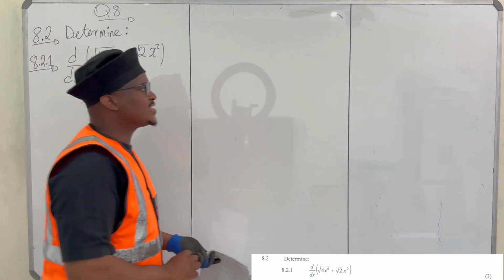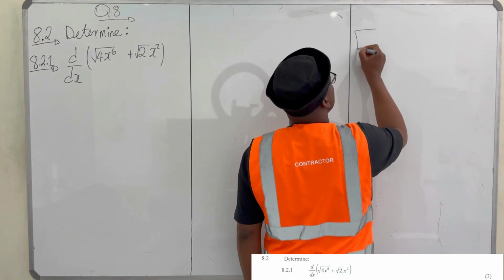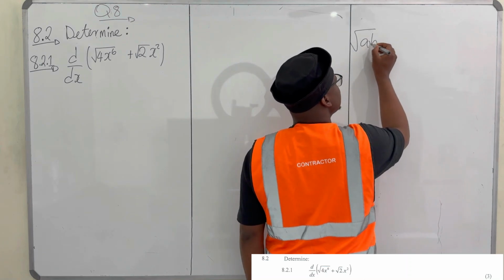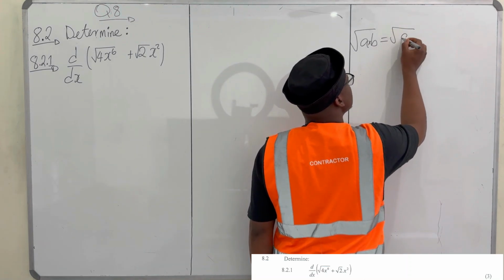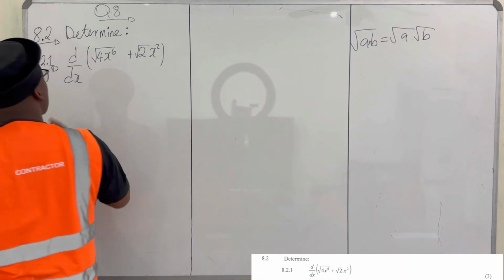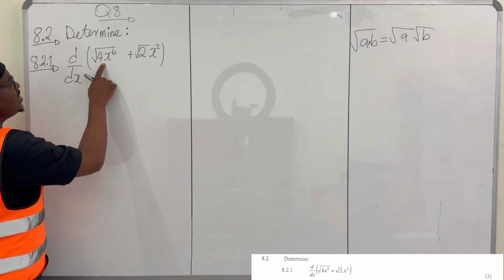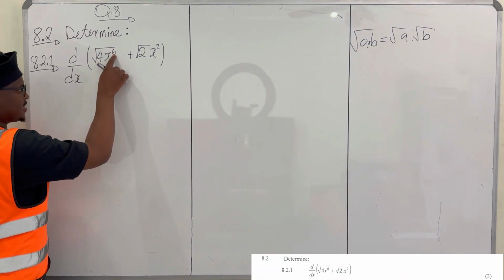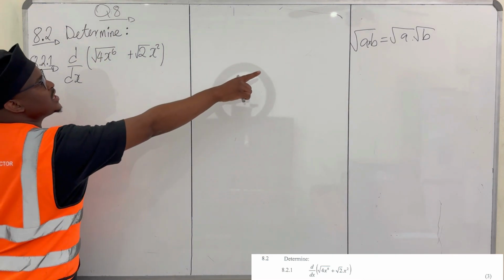You know from your sets that the square root of a times b is equal to the square root of a times the square root of b. So what we have here is the square root of 4 times x raised to 6, which means we can use the same law.